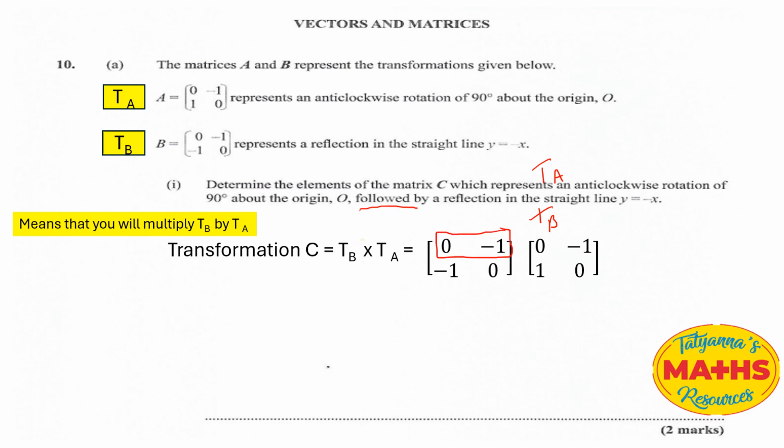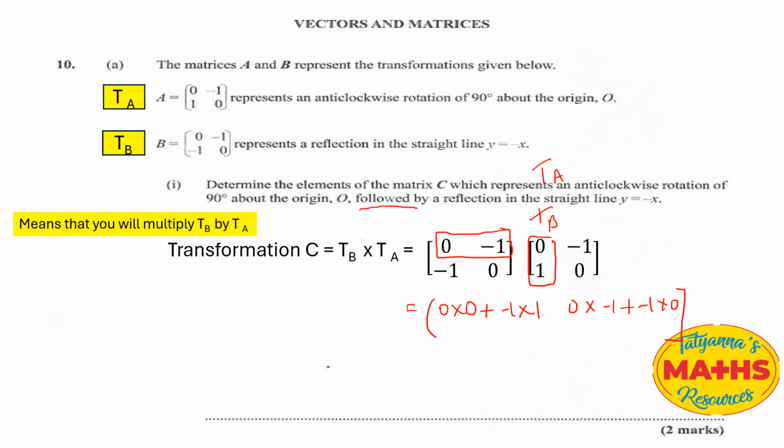So that's going to give us 0 times 0 plus -1 times 1, 0 times -1 plus -1 times 0.